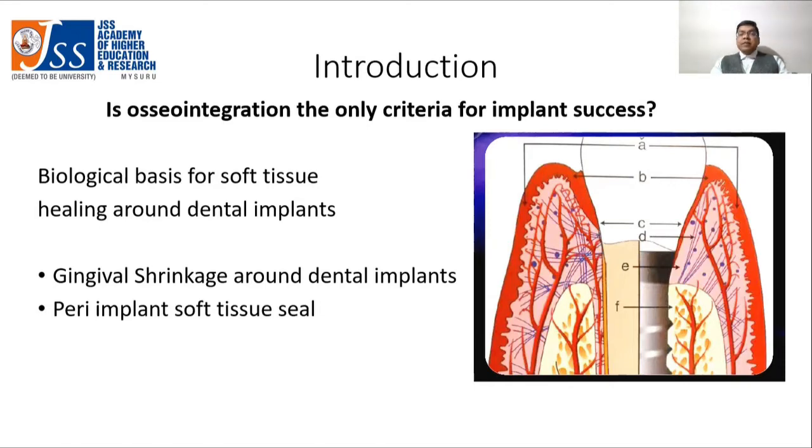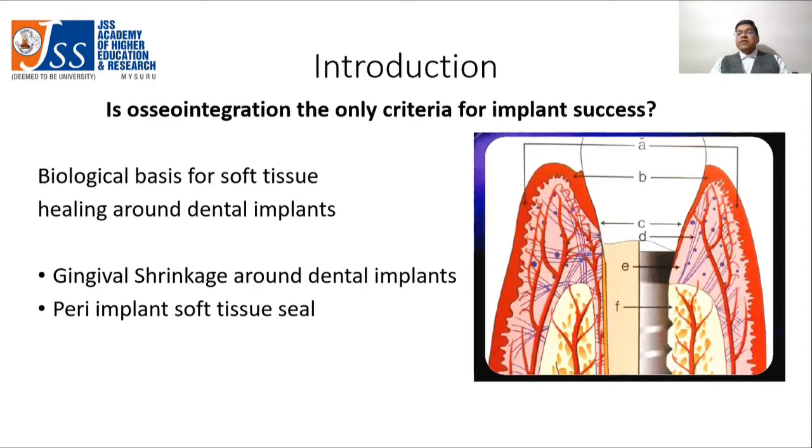Now let us briefly compare the key features of periradicular and peri-implant soft tissues. Similar to the tooth, both has junctional epithelium followed by connective tissue. However, there are some differences over here. The number of cells which are present on the implant site would be lesser compared to the number of cells which are present on the periradicular area, as well as the collagen fibers will be more in number on the implant side.